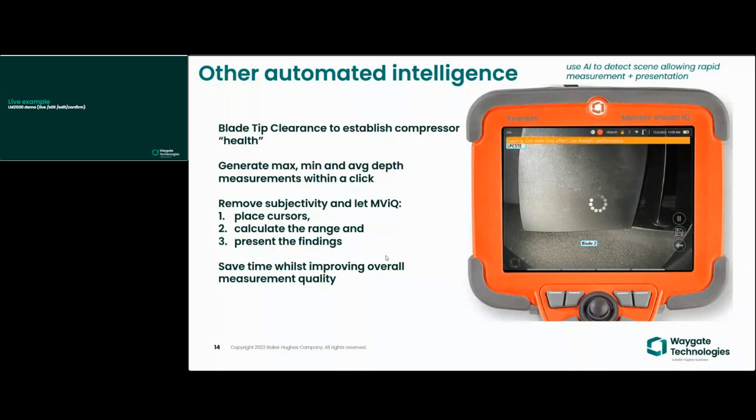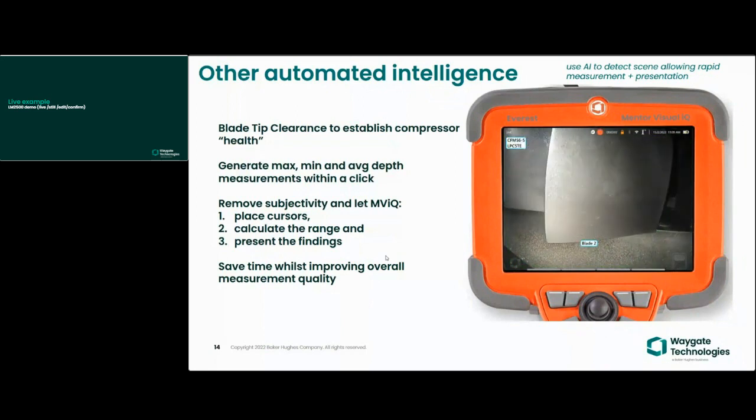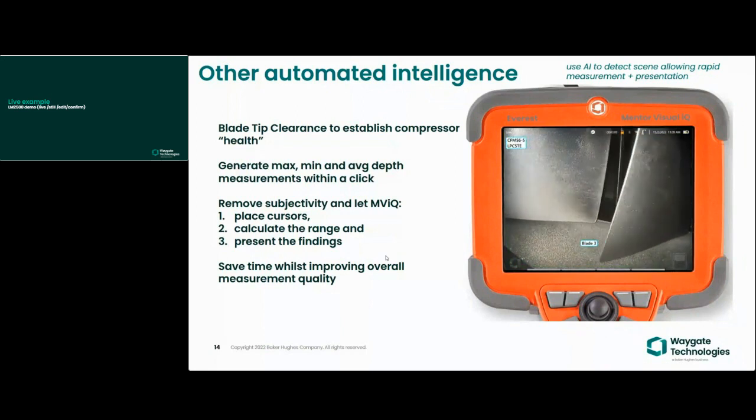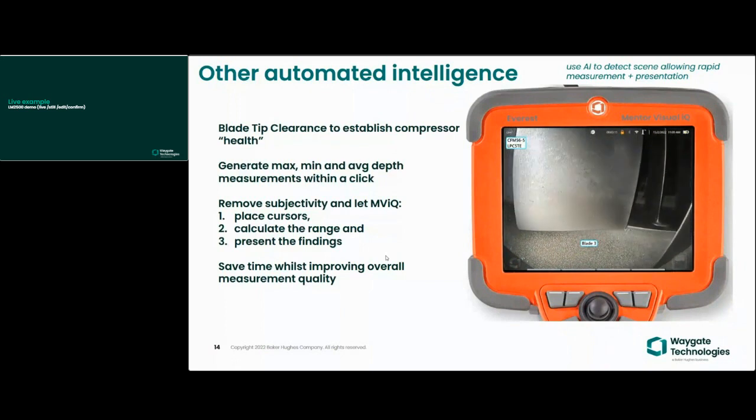What would take many, many seconds to acquire and perform a depth measurement and manually assign the cursor points is performed very rapidly, as you can see in this video sequence. Therefore, saving a large amount of time and removing a large amount of subjectivity and repeatability issues associated with manually assigning cursor points. This is all done automatically now by the device.